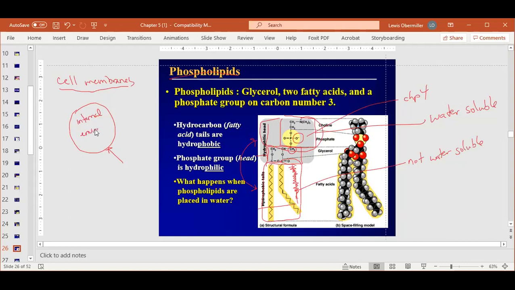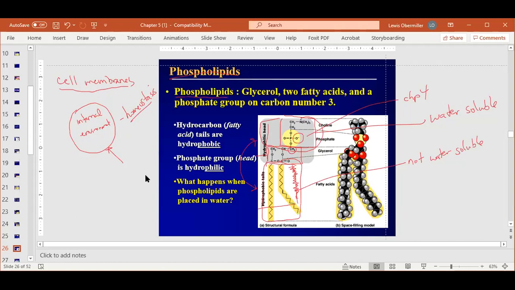Homeostasis. Right. So if we didn't have the cell membrane, we couldn't do homeostasis. And we define this as a requirement for living things way back in chapter 1. So without a cell membrane, life wouldn't exist. And without phospholipids, you couldn't have a cell membrane.